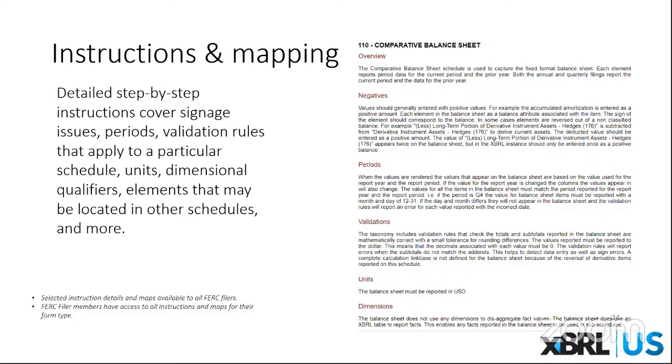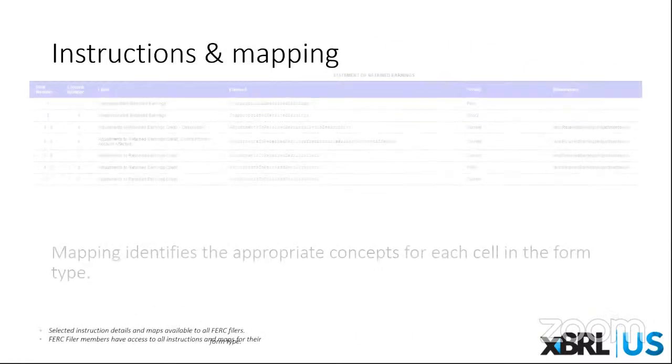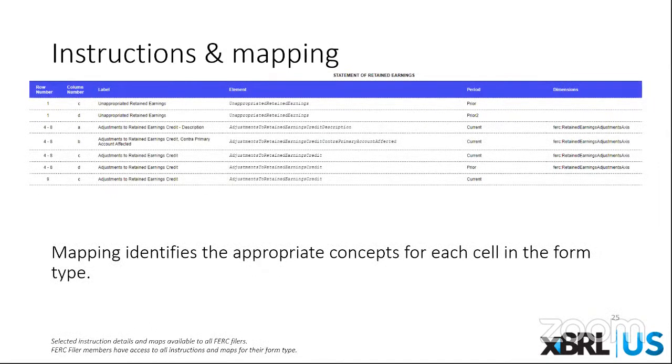Sure, and Campbell, we do have a question that came in that you might want to respond to. This is a question concerning the current version of the FERC taxonomy, which does not have a concept associated with a debit to the retained earnings in account 439.